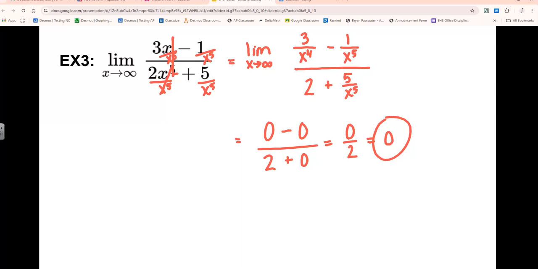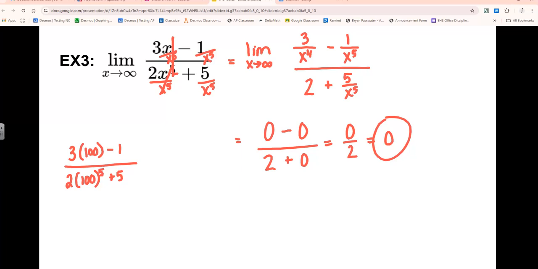So think about what's happening as you plug in big numbers: 3 times 100 minus 1 over 2 times 100 to the fifth power plus 5. In this case, what matters the most? That bottom part where it's being raised to the 5th power, right? This is huge. Is the 3 times 100 getting larger? It is, but does it even matter much when you're raising something to the 5th power? For big numbers, it starts to not count.